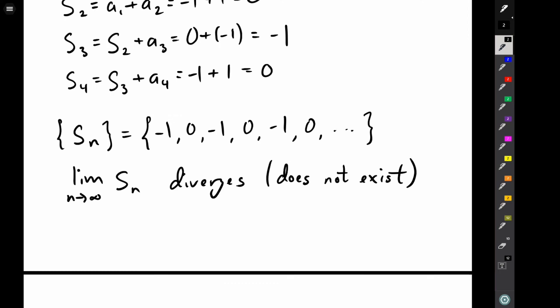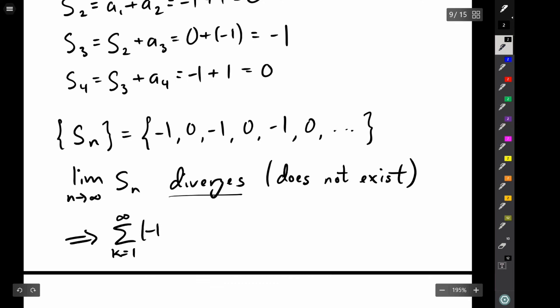But either way, if it's infinite or the limit doesn't exist, the limit diverges. This sequence diverges because it doesn't converge to a number. Therefore, the sum also diverges. If this limit diverges, the sum diverges. And there we go.